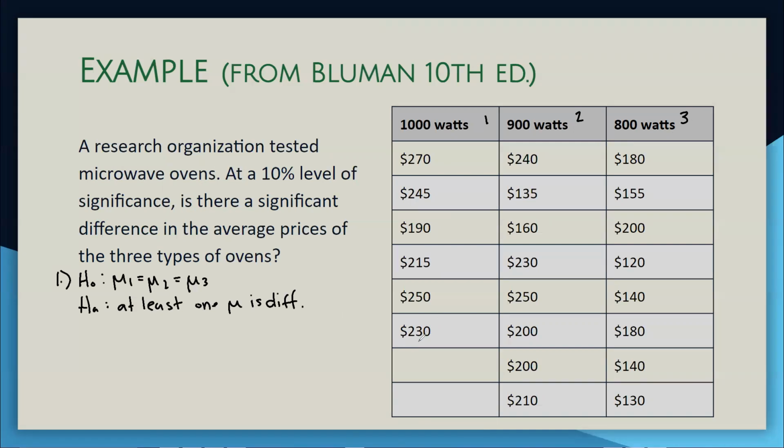I'm going to shortcut here, diff. And then the question says, is there a significant difference? So the alternative is our claim. Our next step is p-value. And we know that we use the ANOVA function call.